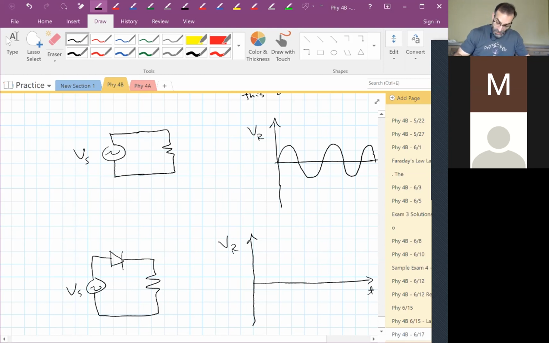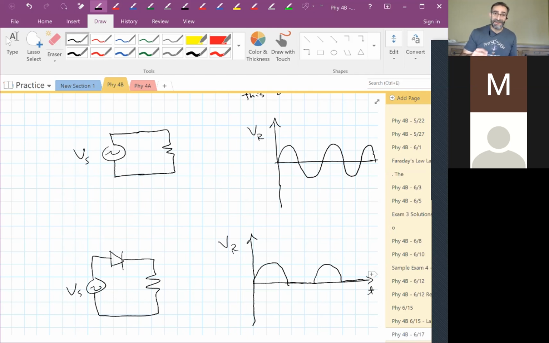The voltage goes one way, and then it doesn't go the other way. It goes one way, okay? Looks kind of like this. It just cuts off the voltage in the opposite direction, the current in the opposite direction. Okay, we're halfway there, right?